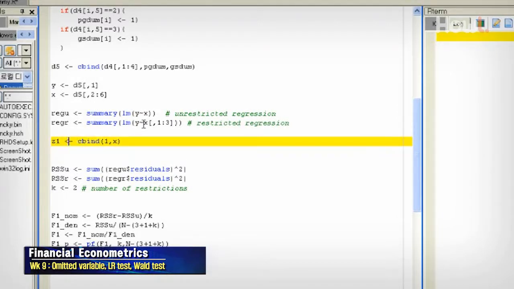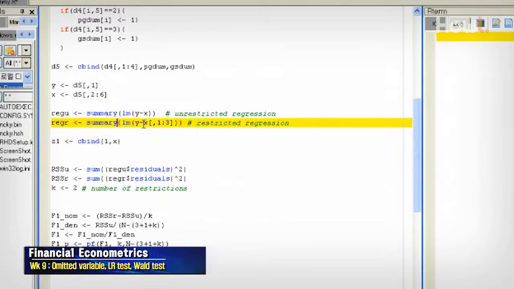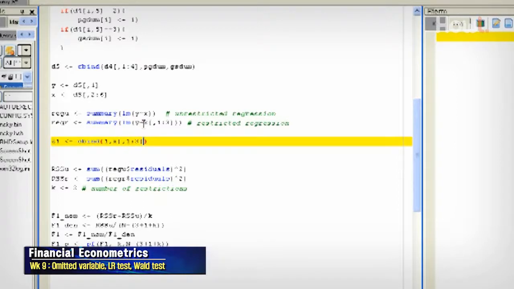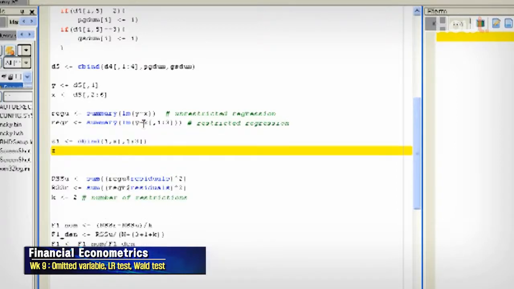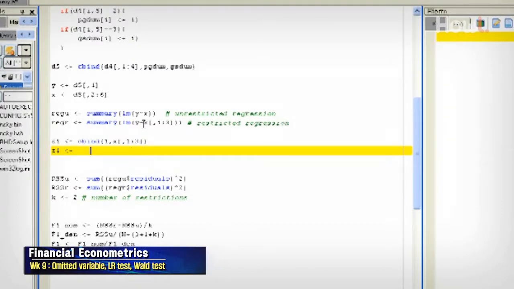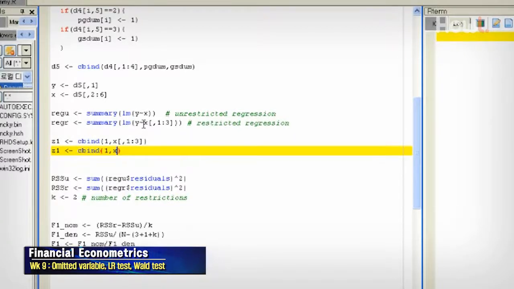So Z1 is X, so without dummy variables. And Z2 is unrestricted. Okay, so Z2.